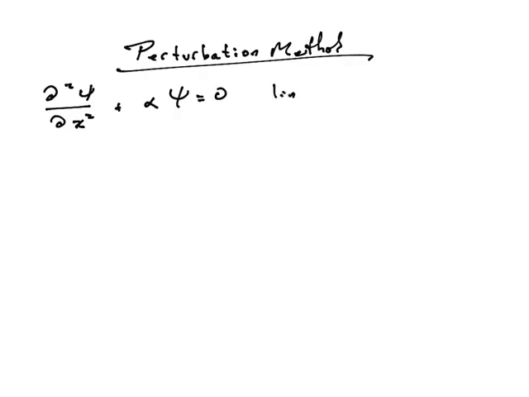This is linear. Very nice. Very easy. We know how to solve this. You bring the alpha psi term to the other side. So it would say the second derivative of some function gives us the function back with a negative. We know those are sines and cosines. We can solve this very easily.